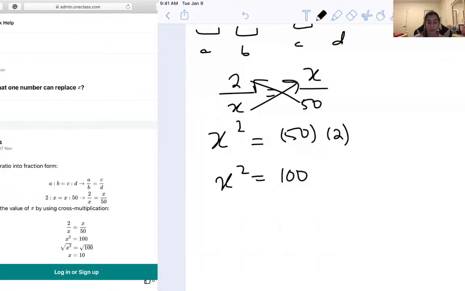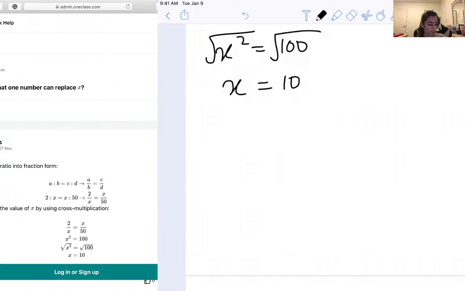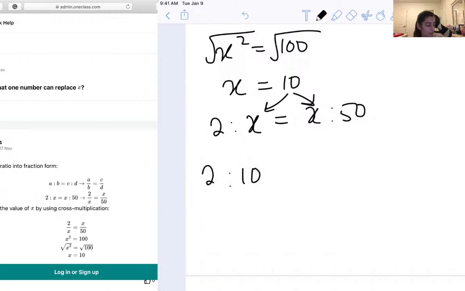We need to solve for x because that's what they're asking us. So we can just square root to get rid of the exponent 2, and we're left with x is equal to 10. Now when we plug this back into our equation, which was 2 to x is the same as x to 50, once we plug this in, 2 is to 10 as 10 is to 50. We can see that once we put this back into fraction form, it's the same thing.